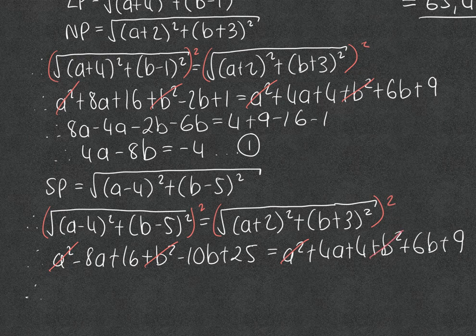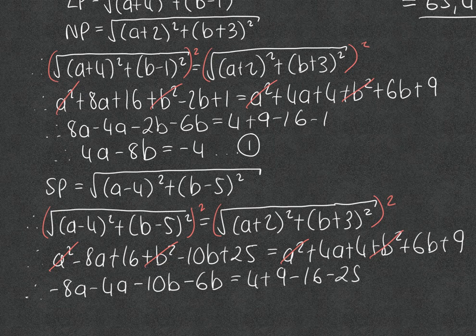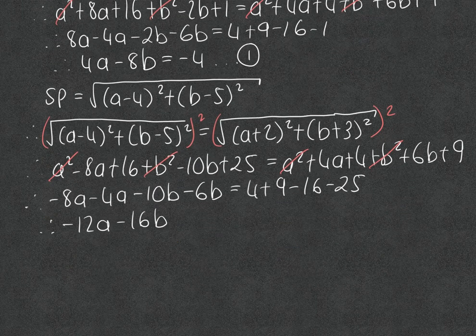So we've got minus 8A minus 4A minus 10B minus 6B equals 4 plus 9 minus 16 minus 25. Therefore, minus 12A minus 16B equals 4 plus 9, which is 13, minus 16 is minus 3, minus 25 is minus 28. And that is my second equation in terms of A and B.